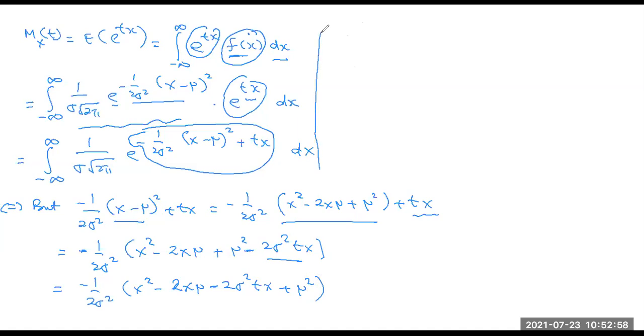I believe you still remember what we mean by that. So that will give us, we're moving from this point up there, negative 1 over 2 sigma squared into x squared minus, what is common between these two terms here? What is common between this term and this one?